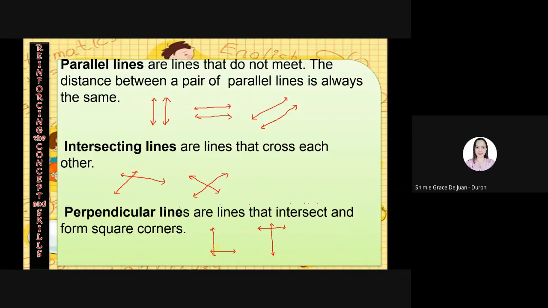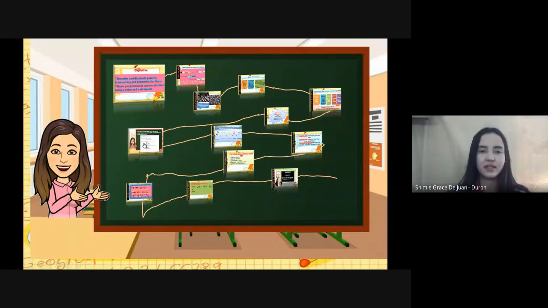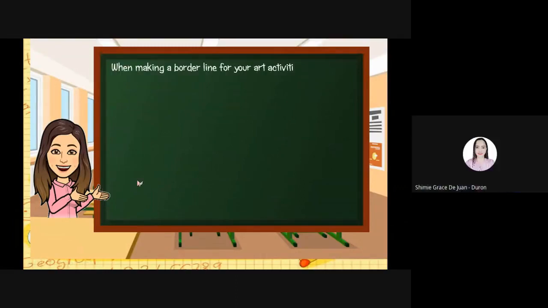Now, let us proceed. So, as we identify the different kinds of lines, how will we be able to draw properly? And first, let's answer this question.